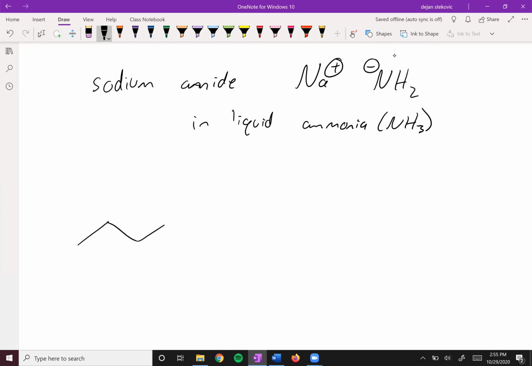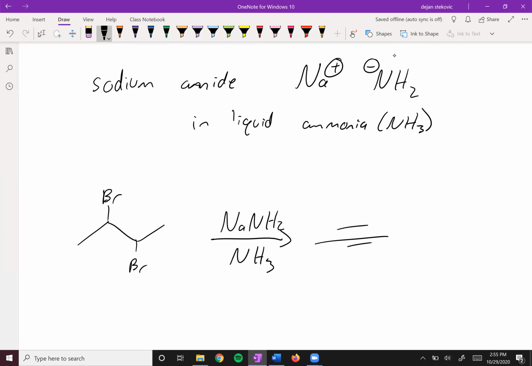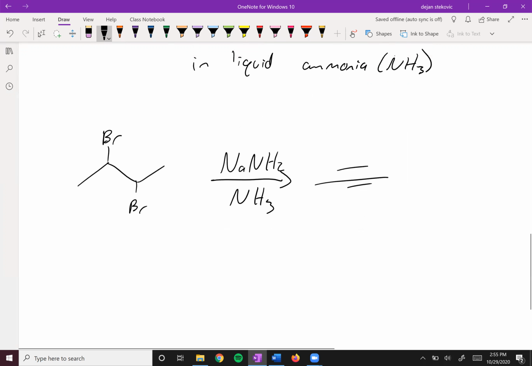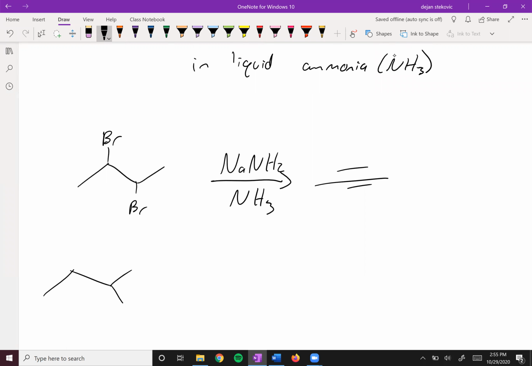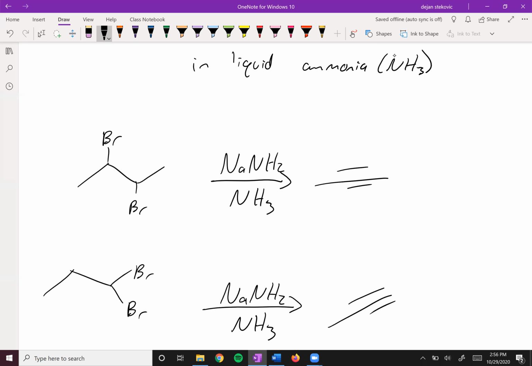So again, if you have two of these alkyl halides, you can add your sodium amide to form an alkyne. If you have two terminal alkyl halides, right, two on the end here, and you add some base, you'll form an alkyne as well.